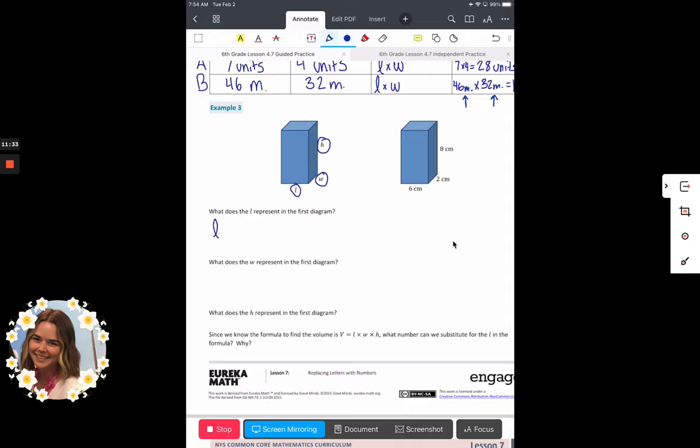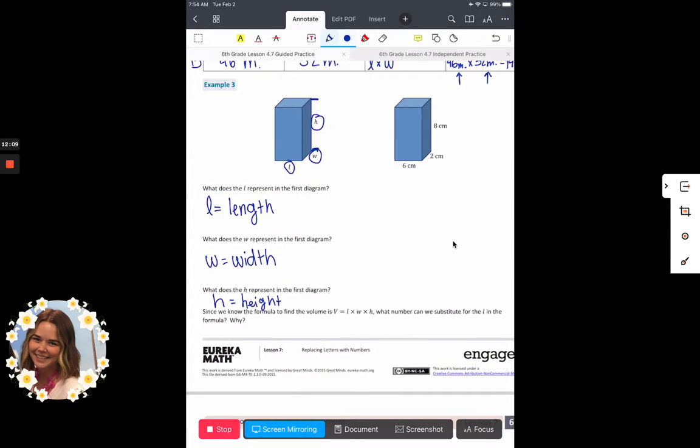L, we know, is representing the length, and W, we know, represents the width. So now we have H. When we're talking about volume, H is representing the height. If you notice, the H is what goes from the top to the bottom, the height.